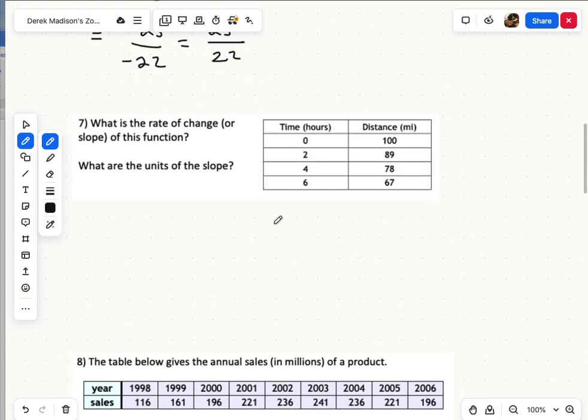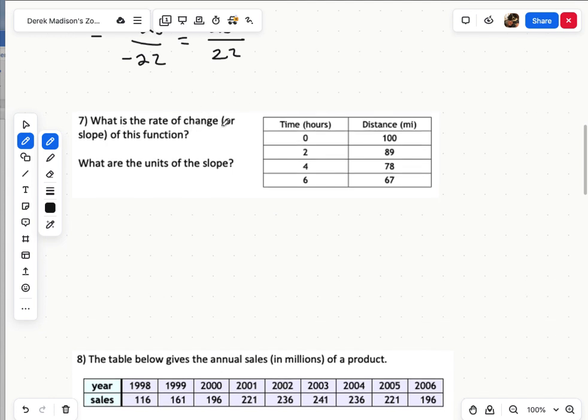For this next example, what's the rate of change, which is, again, another word for slope, for this function? What are the units of the slope? So same idea, it's just now we're looking at this in the form of a table rather than 2 ordered points. We can rewrite those as ordered pairs if we like. I'll just arbitrarily grab these first 2 points.